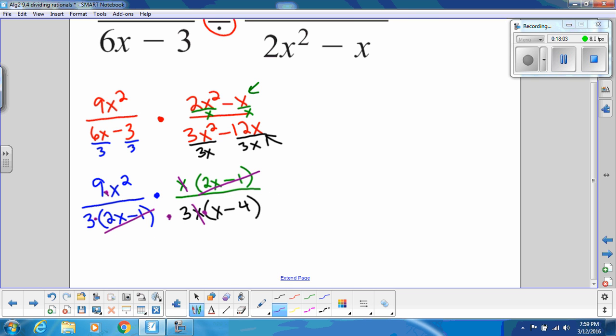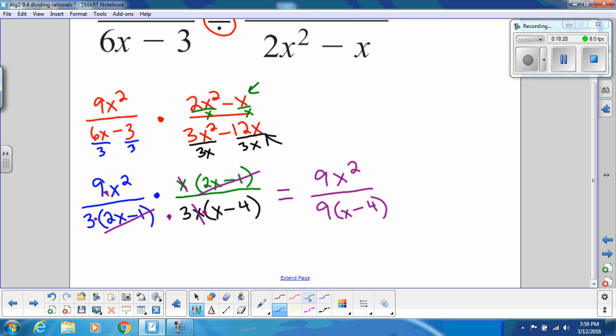So let's just do what we have so far. So we have 9, what's left over in the numerator, 9 times x squared. And then in my denominator, I have 3 times 3, that's 9. And then I still have that parentheses x minus 4, so I'm going to rewrite that.